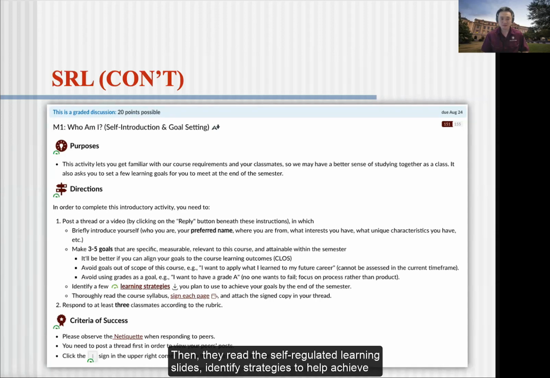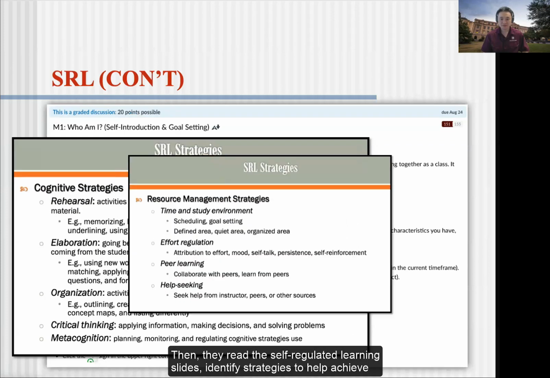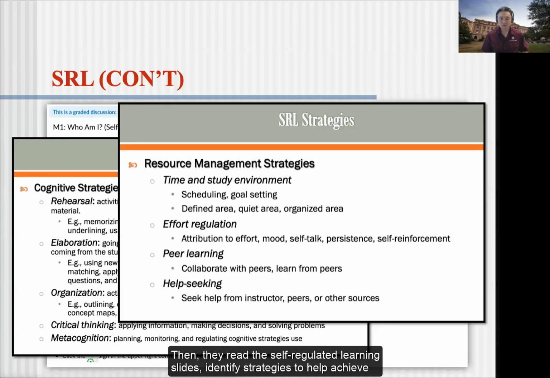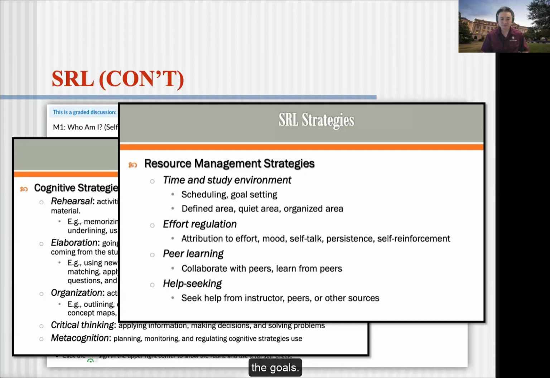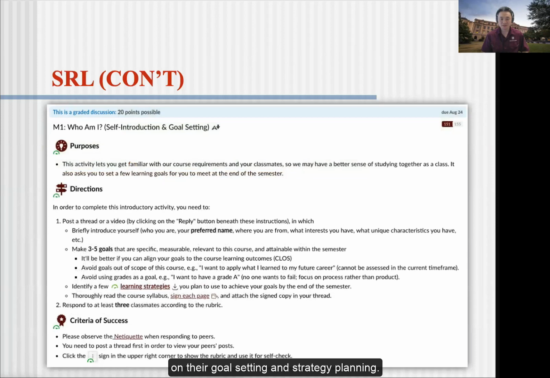Then, we read the self-regulated learning slides, identify strategies such as rehearsal, elaboration, time management, etc., to help achieve the goals. Once completing the post, students need to respond to peers, and I will provide feedback on their goal setting and strategy planning.